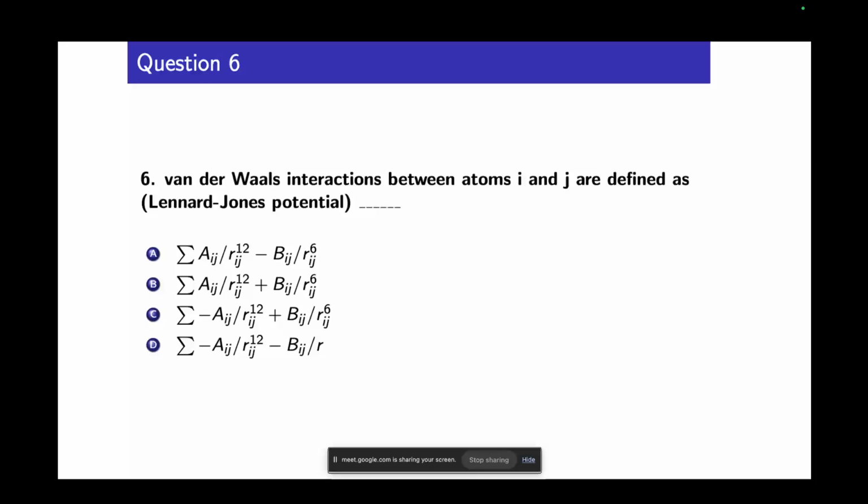So r to the power 6 and r to the power 12, negative r to the power 6 and negative r to the power 12 are important to remember. So those kinds of questions might come. But I have not seen very difficult numerical questions in and around these things, because these are the old assignment questions and I could not see any very difficult questions like those. So I don't think you need to worry about that much.